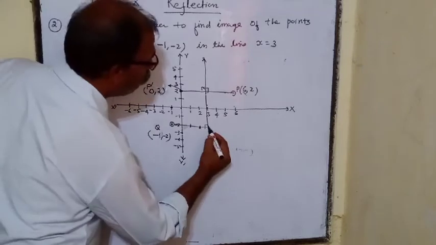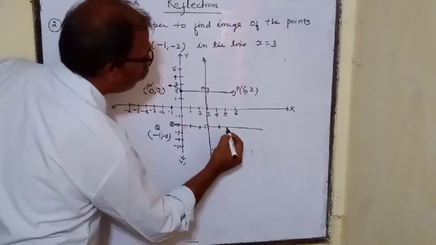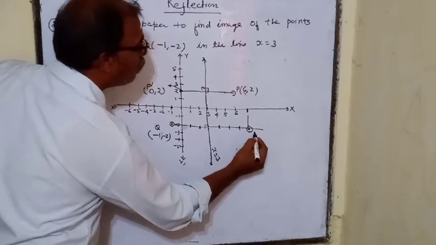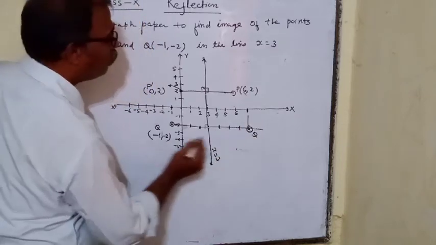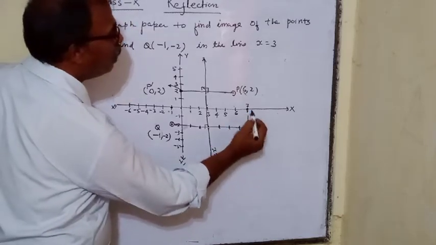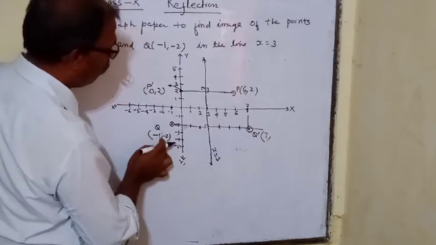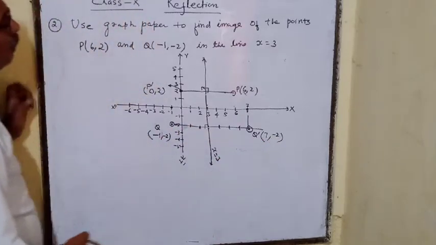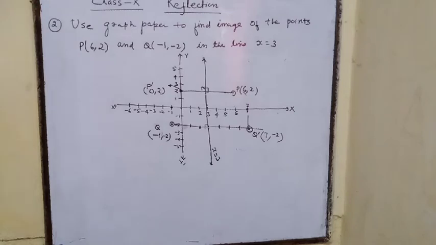So we'll proceed 4 units further. This will be the point which will locate the image of Q, that is Q dash. Its x value is 7 and y value is minus 2.